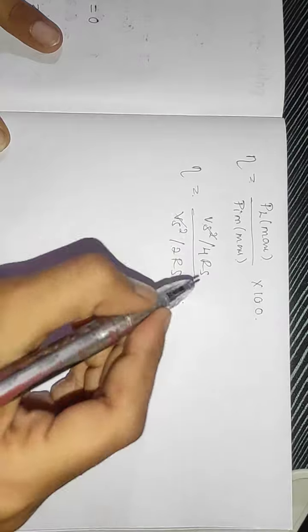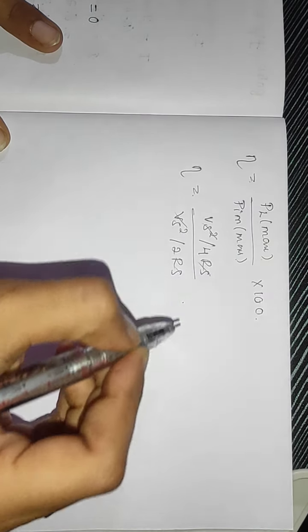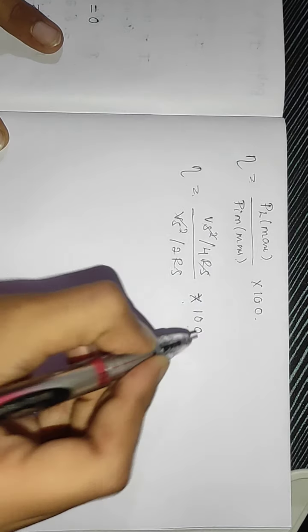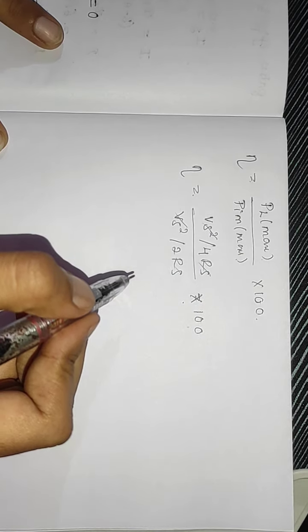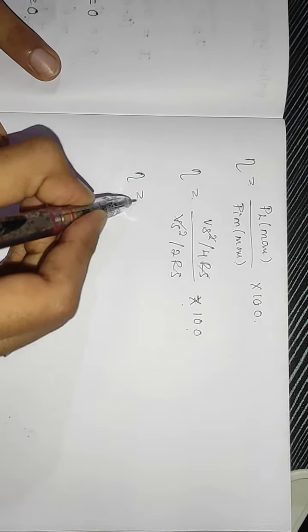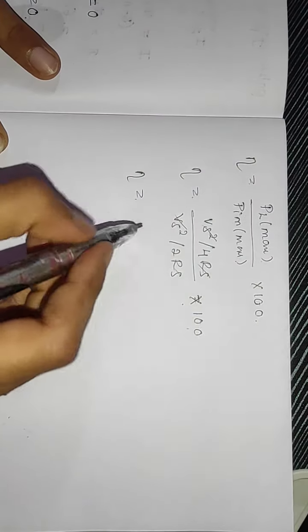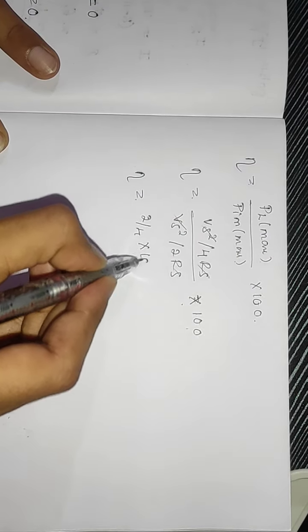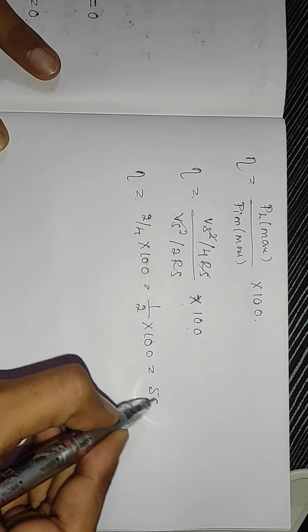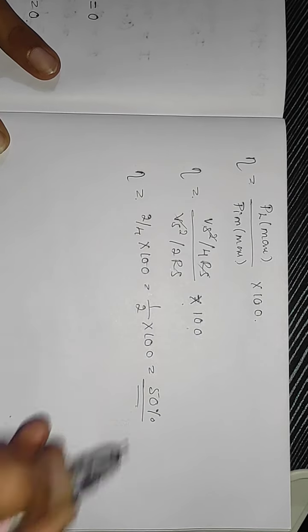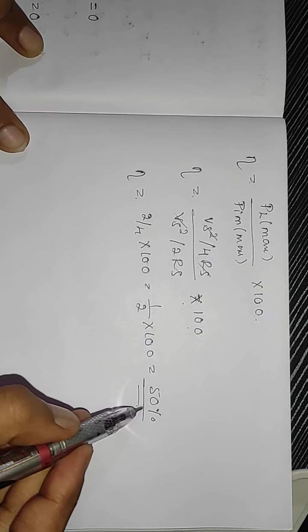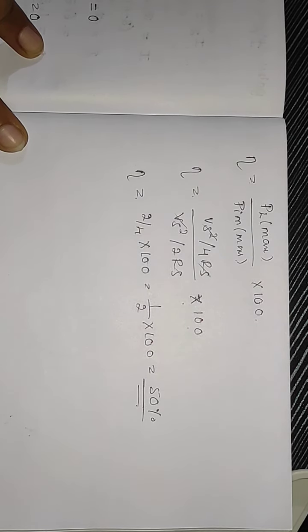VS gets cancelled, RS cancelled. So what you get, into 100, right? So efficiency becomes 2 divided by 4 into 100, 1 divided by 2 into 100, that is equal to 50%. I already told that MPT will provide 50% efficiency, right? Okay, thank you.